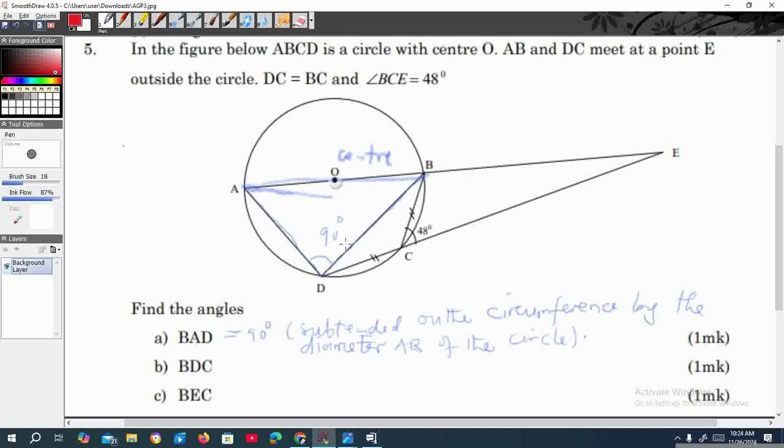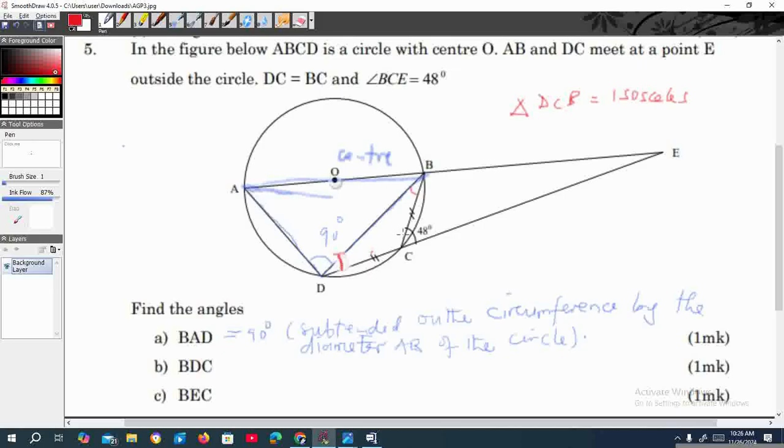Angle BDC, we are looking for this angle here. So if you consider triangle DCB, it has two sides that are equal. So this will be an isosceles triangle, and this angle will be the same as this angle.